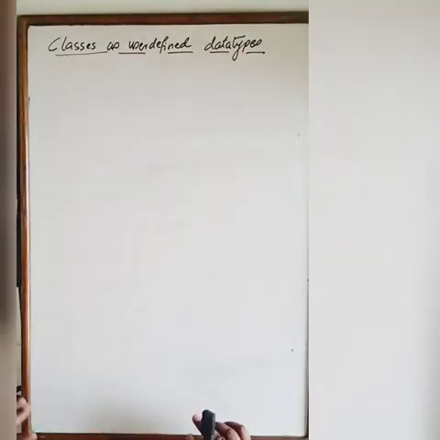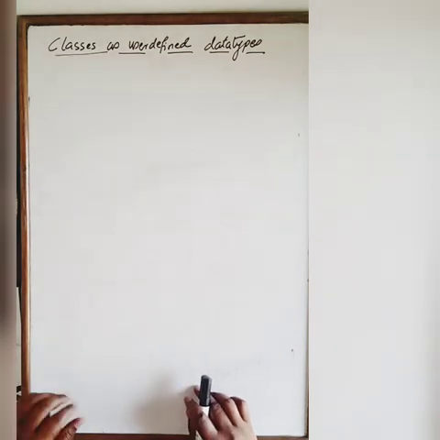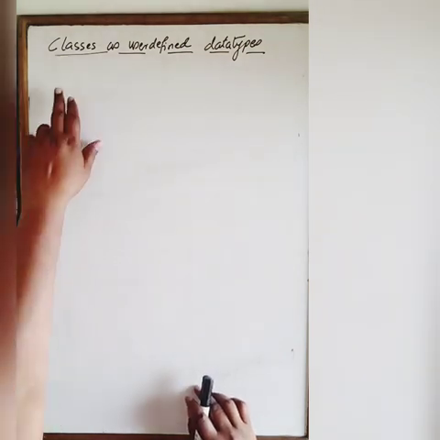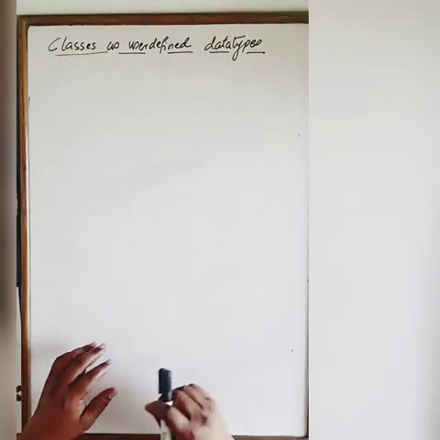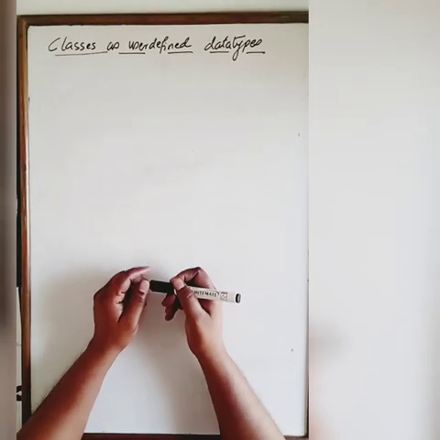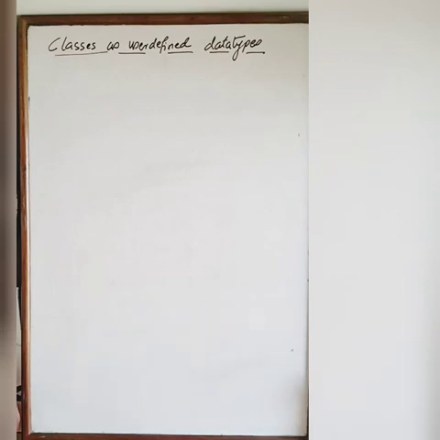Today we are going to see a new chapter, classes as user defined data type. Now, user defined data type, that is a reference data type we are talking about. You can call a user defined data type a reference data type or a non-primitive data type.